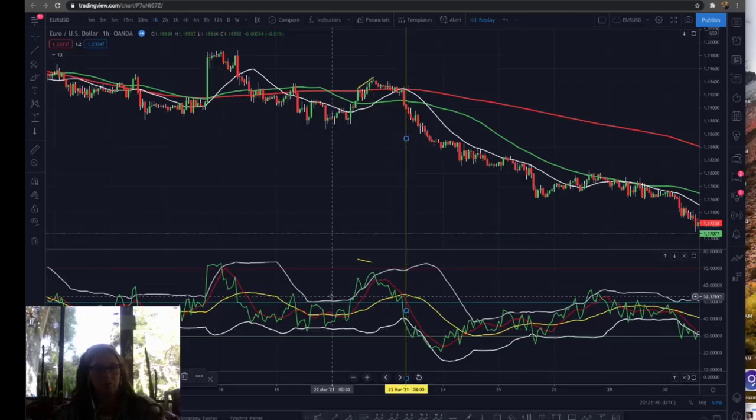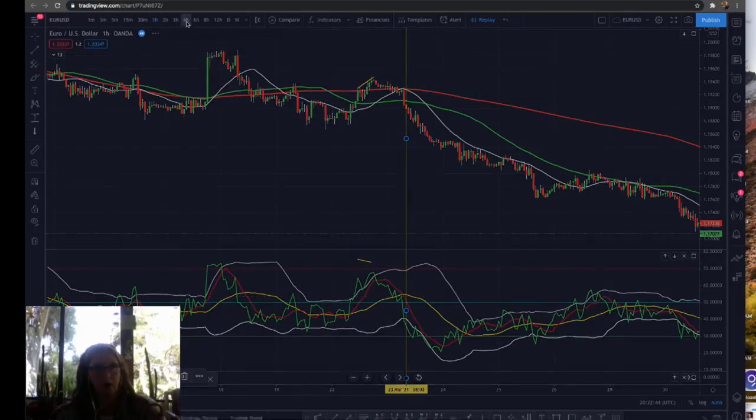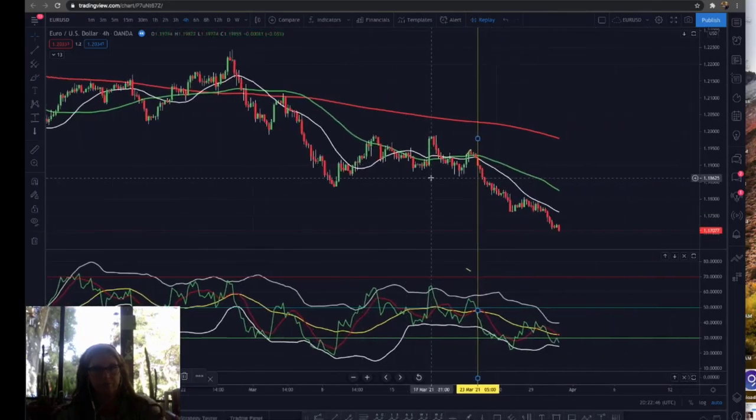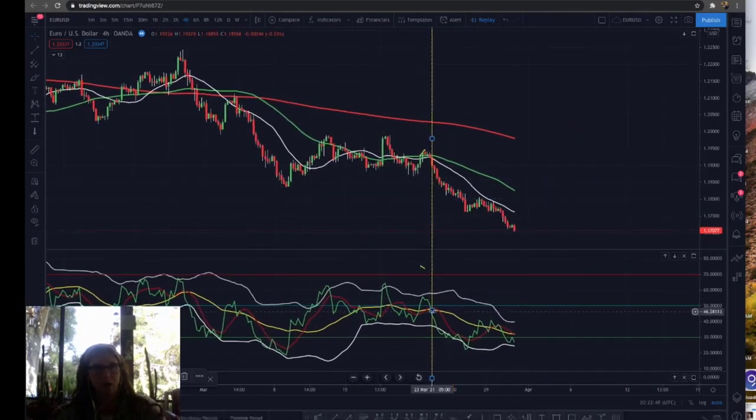What do you do? Well, you can go up another time frame to the 4 hour. On the 4 hour time frame, we are just crossing the signal line, and we are also crossing into bearish territory. Bearish territory is below 50. Bullish territory is above 50.